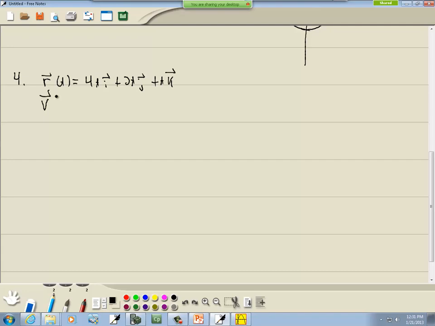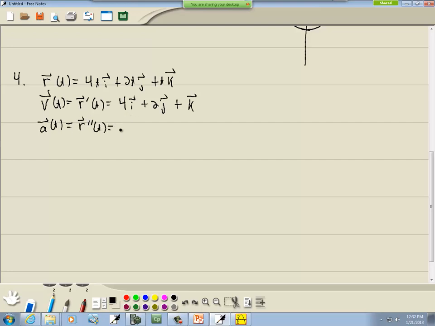Velocity we've already seen. Just take the derivative of it. So derivative of r, which is going to give us 4i plus 2j plus, t becomes 1, so that's 1k or just k. Now our acceleration is the second derivative of r.